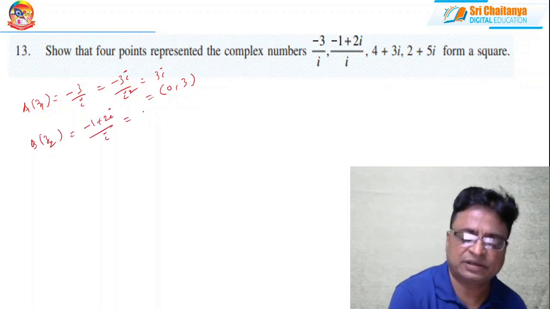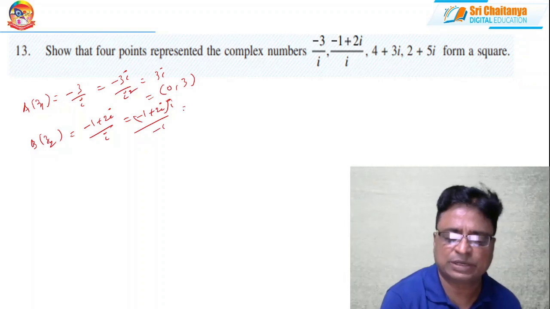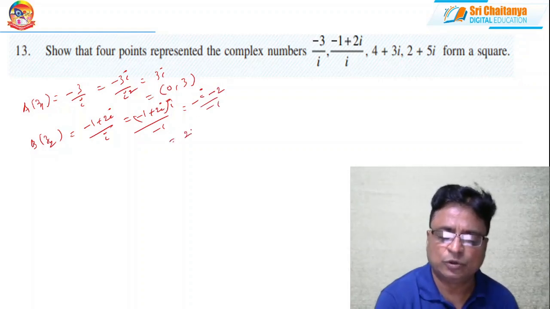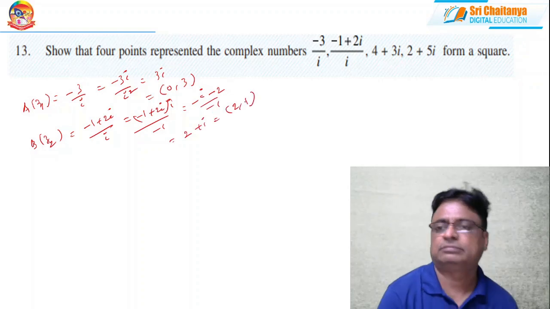This I can write as minus 1 plus 2i into i by i square, which is minus 1. That is minus i, plus 2i square, that is minus 2, by minus 1, that is 2 plus i. So this is 2 comma 1.